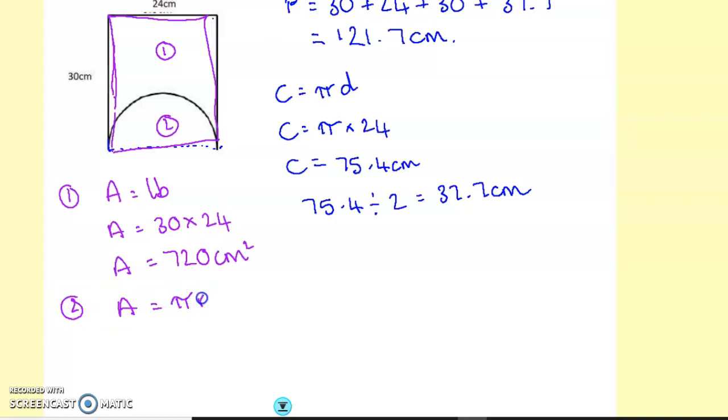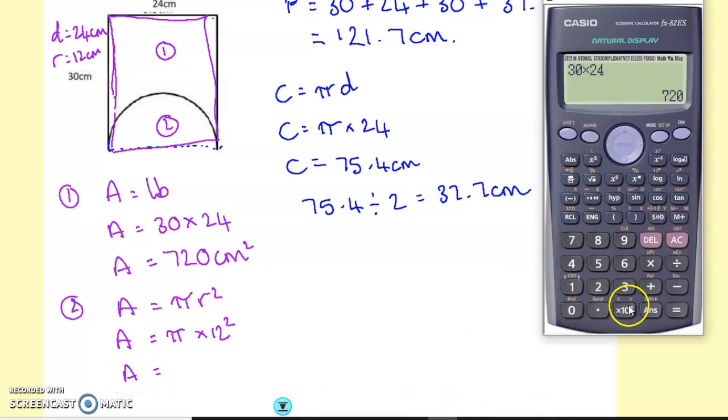Area of a circle is pi r squared. Your diameter here is 24, so your radius is half of that, which is 12. So to find the area, we're doing pi times 12 squared, which is 452.39.